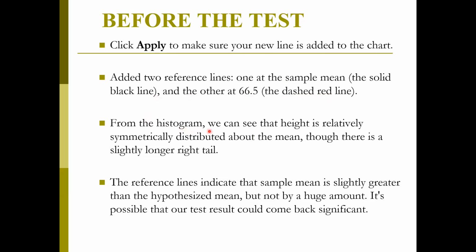So from the histogram, you can see that the height is relatively symmetrical. It is distributed about the mean, though there is a slightly longer tail. And then the reference line indicates that the sample mean is slightly higher than the hypothesized mean, but not by a huge amount. It's possible that our test result could come back significant.